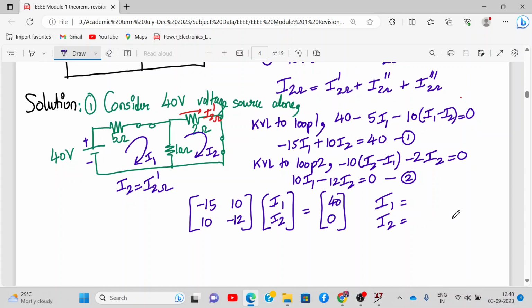Anyone with the value of I1 and I2? I1 is 40 by 3. No. Okay. Here it is. See, listen.